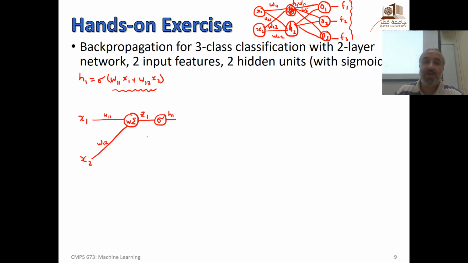Any other questions? So actually, these two gates are this neuron, right? Then we can do the same for H2, right?